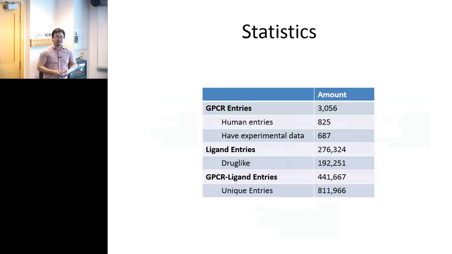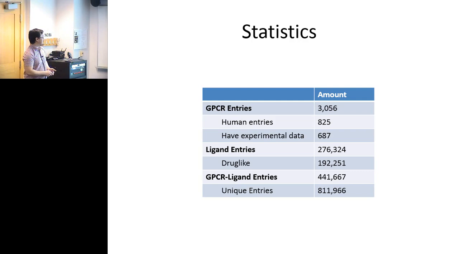And the current statistics as of Sunday, which is when I updated this, we have roughly 3,056 GPCRs. 825 of those are human. 687 of those actually have experimental data. In terms of ligands, we have roughly 276,000, and out of those, 192,000 are drug-like, aka they pass the Lipinski's rule of 5 criteria for druggability.